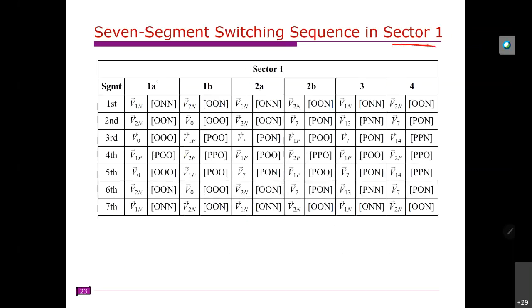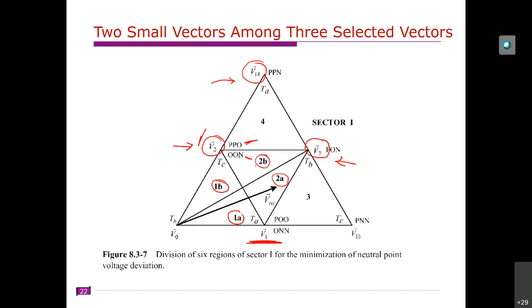Again, this region, what we discussed, 1A, 1B. This is for the first 30 degrees, and this is for the next 30 degrees. This is 2A, 2B, this is 3 and 4, right? So if you selected 1A, that means V1, its corresponding time is TA, right?